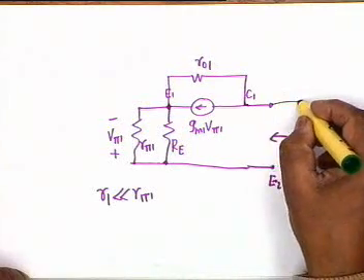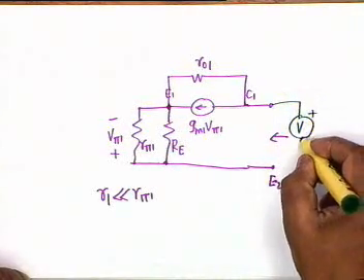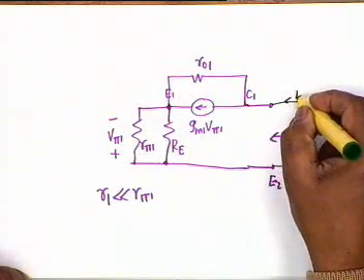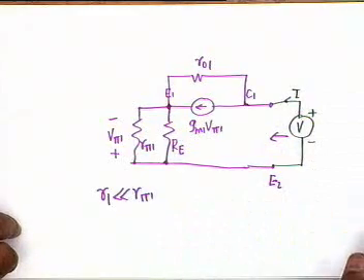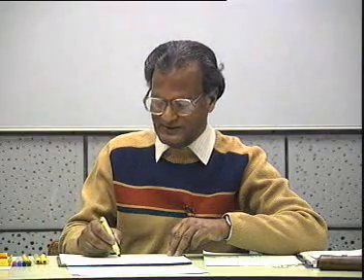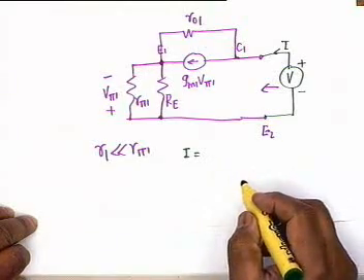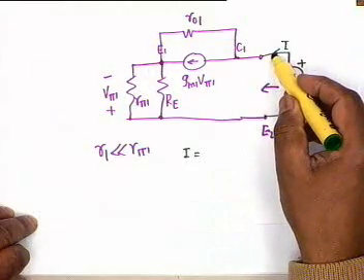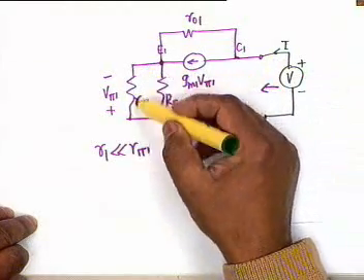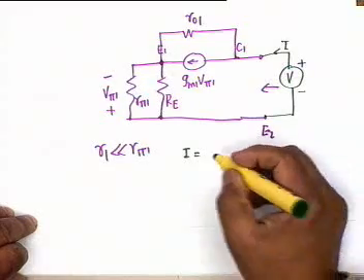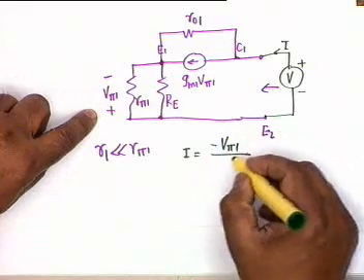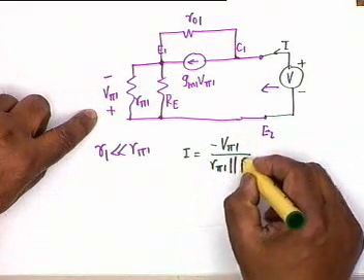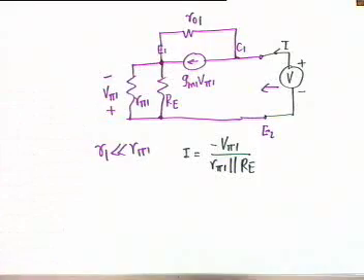To be able to calculate the effective impedance, we connect a voltage source V and find the current I. You see the expression can almost be obtained by inspection. This current I is the same as the current flowing through this parallel combination, and this is minus V pi 1, because of the polarity, divided by R pi 1 parallel RE.